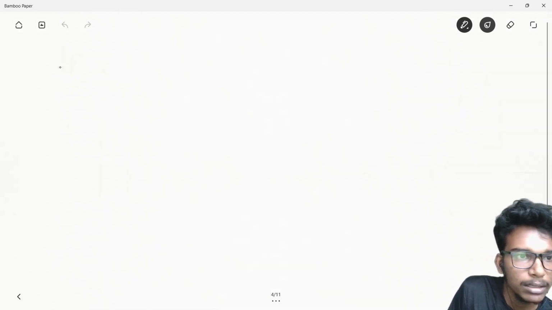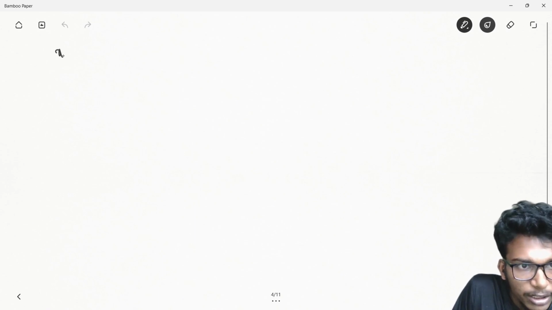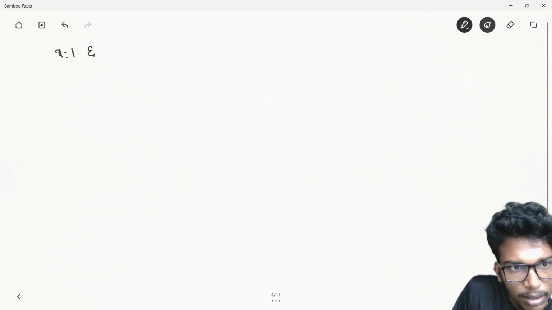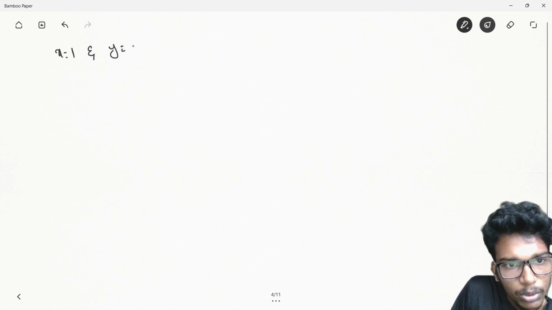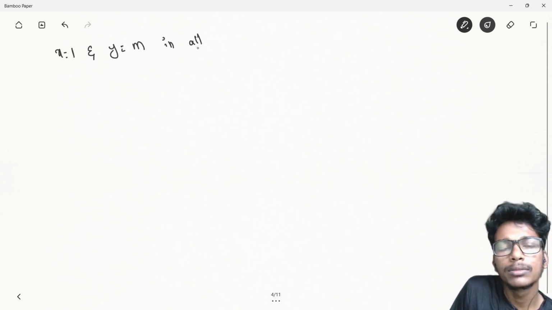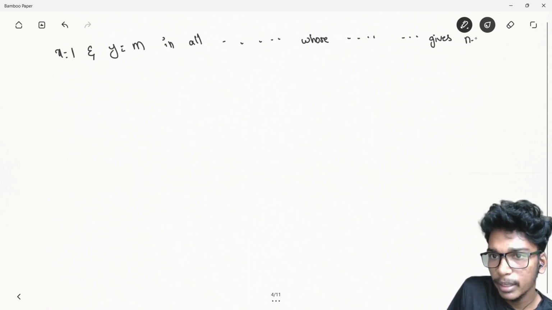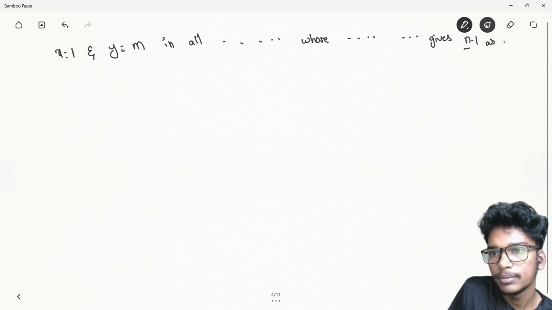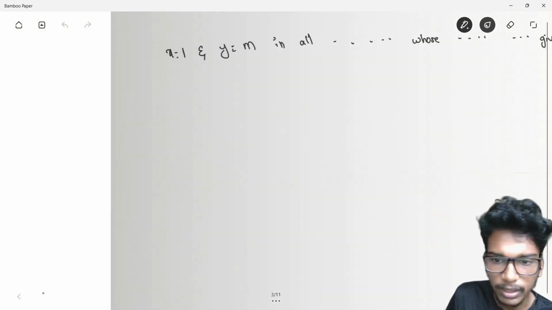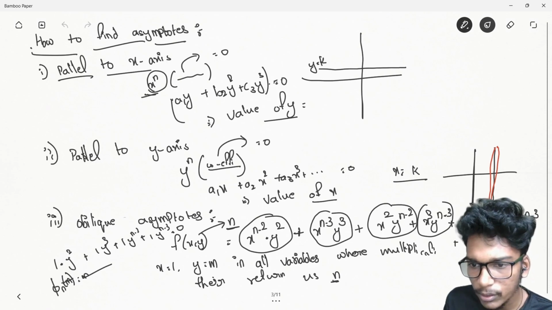In the next iteration, we will take x equal to 1 and y equal to m in all variables whose multiplication of powers gives us n minus 1 as output. Just consider, in this function we have these values.